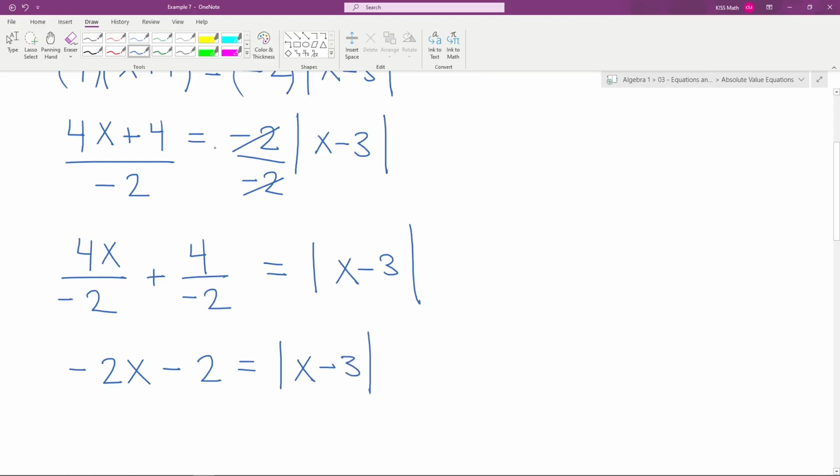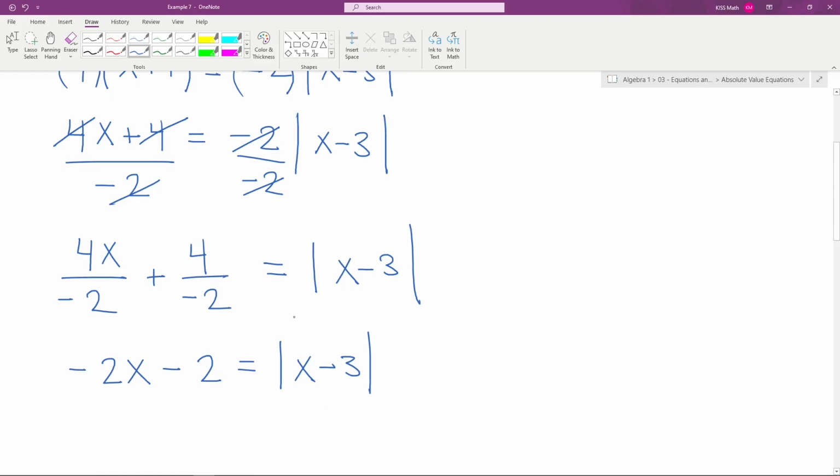The other way to do it is you don't have to split it up like this if you recognize that this 4 and this 4 are both divisible by 2, and you go straight to your reduced version of that here. So at this point, we've isolated this absolute value.